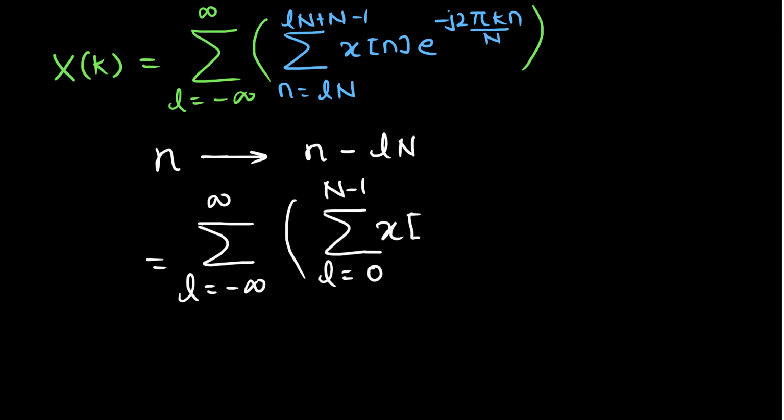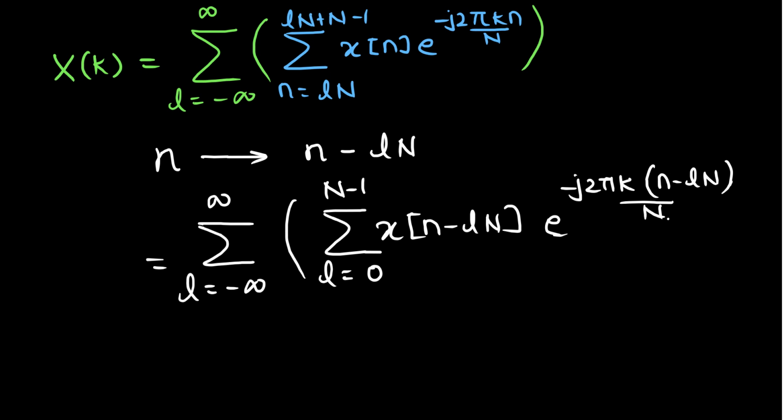Then we have here x of n minus Ln, and then we have here e to the power minus j 2 pi k, then n minus Ln upon n. So this is what we have here, where n is ranging from 0 to n minus 1.